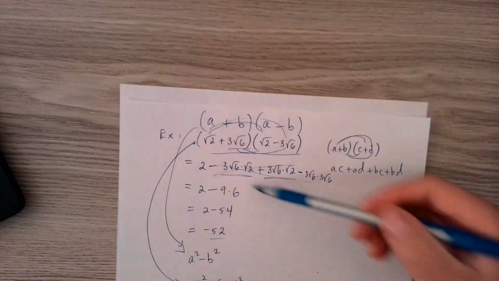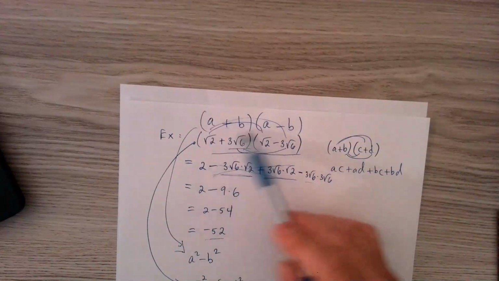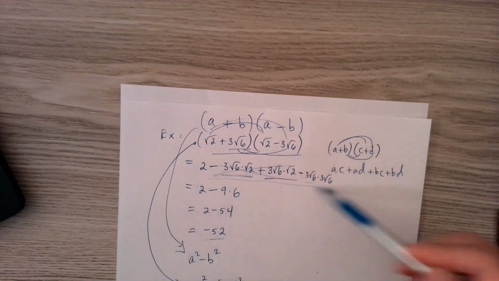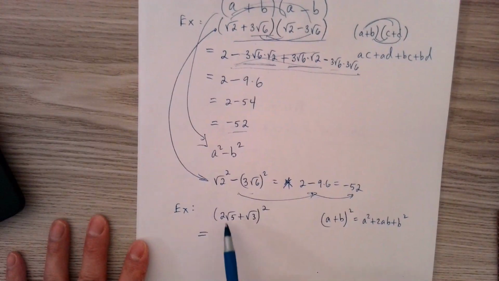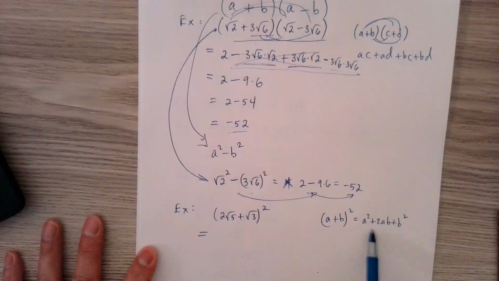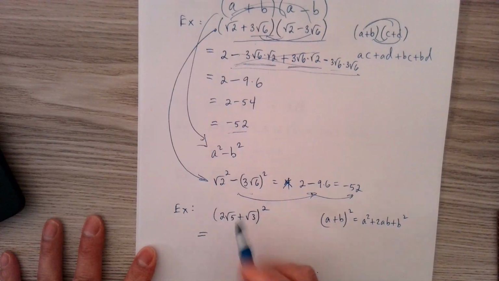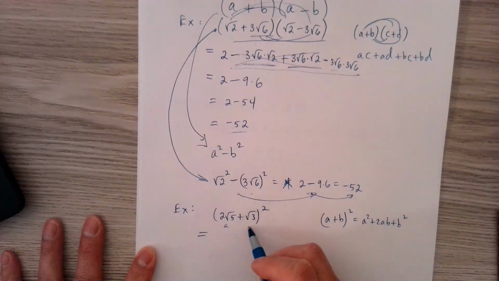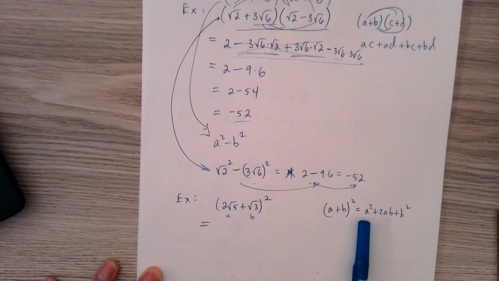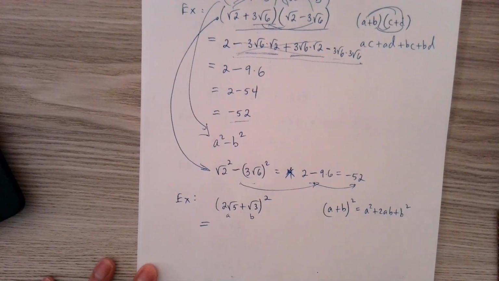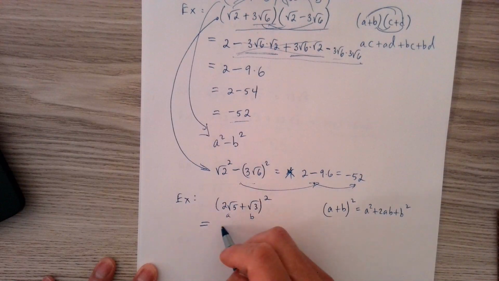By foiling I mean doing this and then writing that out and then simplifying that long expression. I can simply put this into this trinomial form straight. So since this is a and this is b, and my first term in the trinomial is a squared, the first term will be 2 rad 5 squared, which is 20.